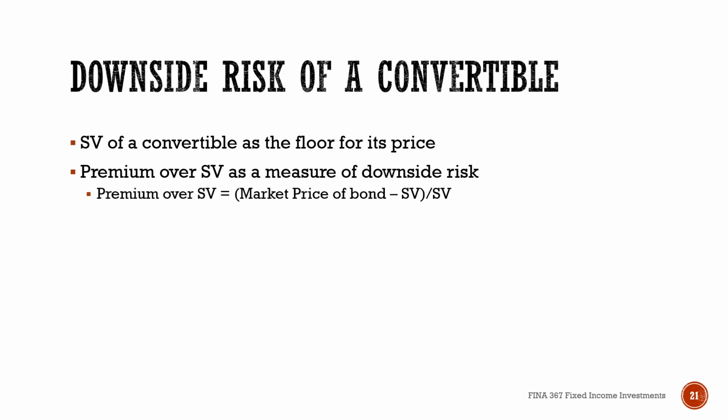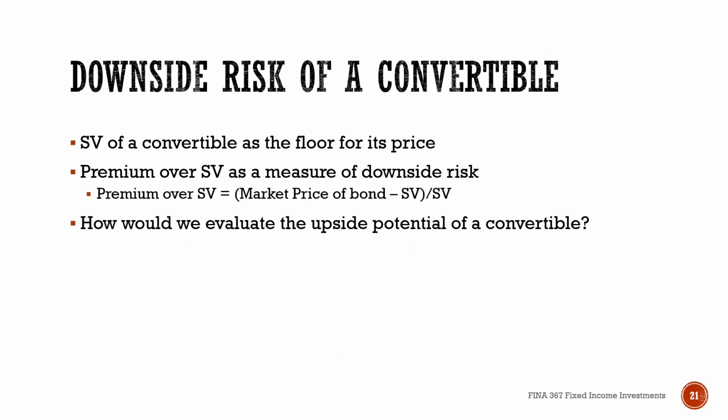Now how about the bond upside potential? That will require some analysis related to the underlying stock, because the upside potential comes from the conversion value, when you convert the bond into common shares. You would need some technique used for analyzing stock.